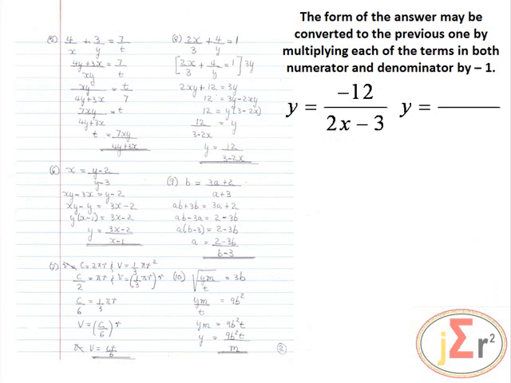The form of the answer may be converted to the previous one by multiplying each of the terms in both numerator and denominator by negative 1. So this is the one that we have right here, and we can convert that by multiplying both numerator and denominator by negative 1. See, negative 12 multiplied by negative 1 is positive 12.